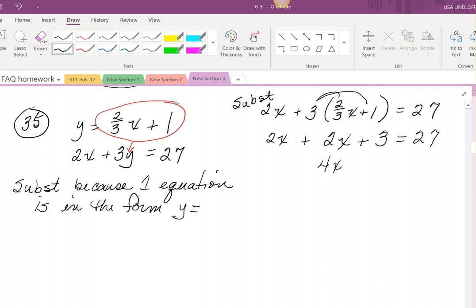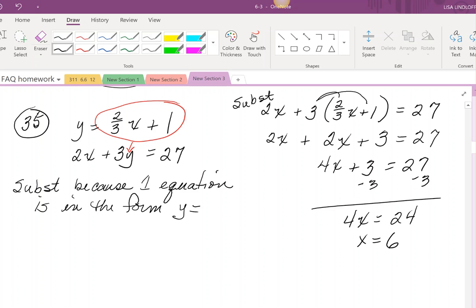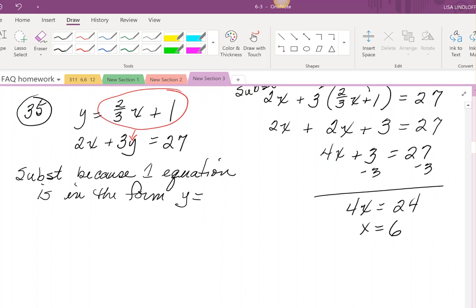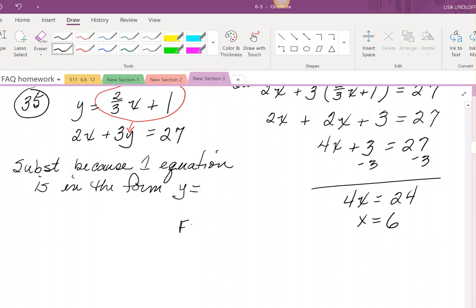So 4x plus 3 is 27. Subtract 3. 4x is 24, which means x is 6. Now I need to find y, and I'm going to use y is equal to 2/3 x plus 1.